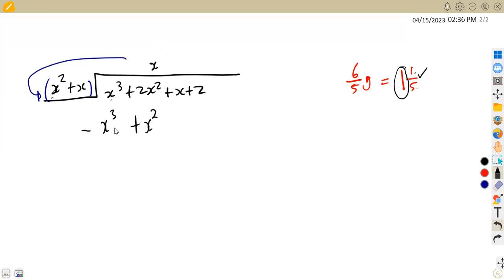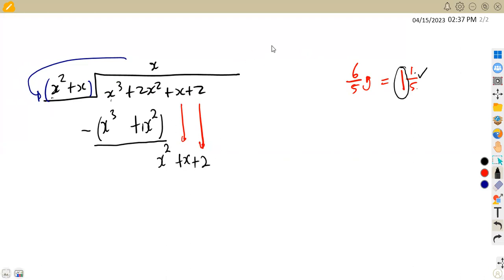After multiplying, we subtract: x cubed minus x cubed cancels, and 2x squared minus x squared is 1x squared. So we obtain x squared, and the rest of the terms we drop down, which is plus x plus 2.